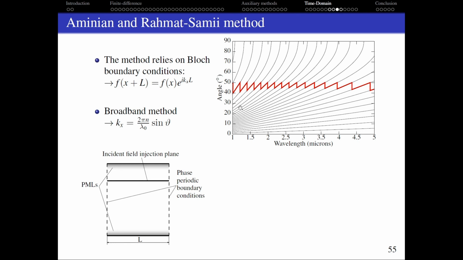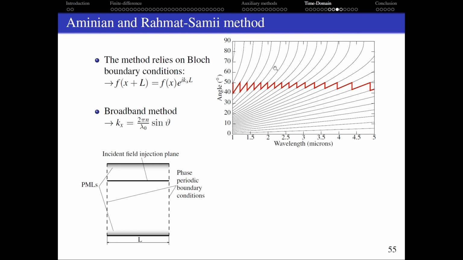In the extreme case, when you look at those curves, you can see that they reach 90 degrees. That means that all the wavelengths on the right are actually going to inject evanescent fields inside your window. So this is something that one needs to take into account.